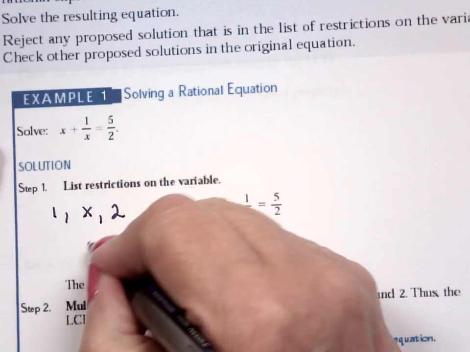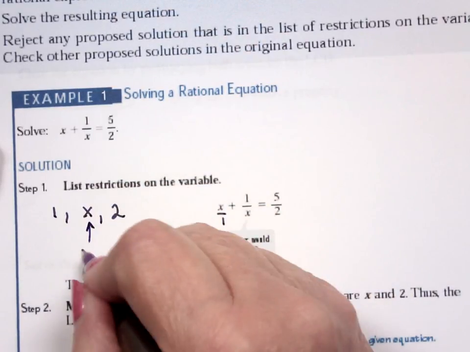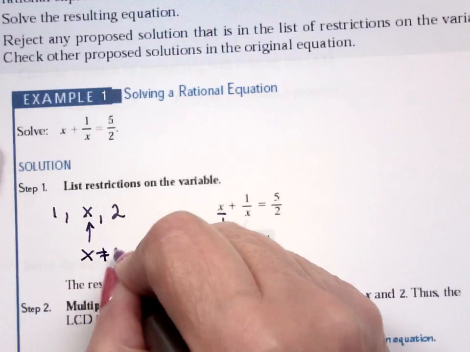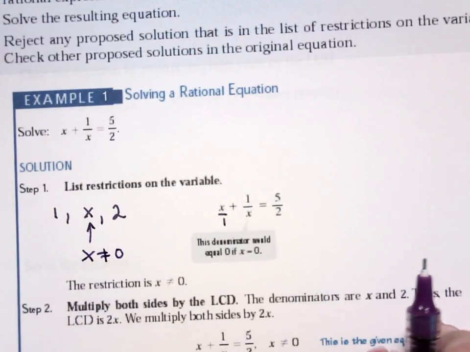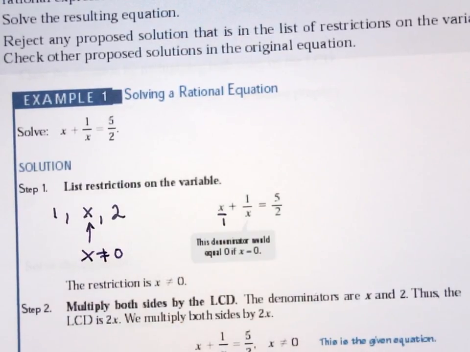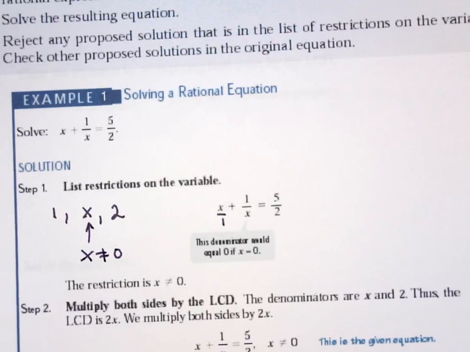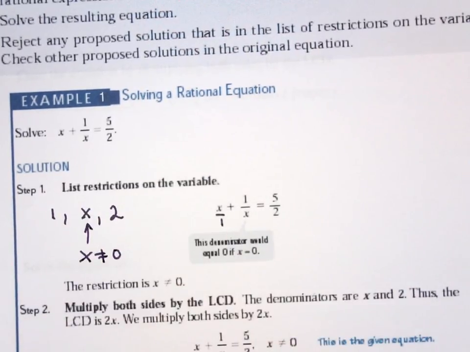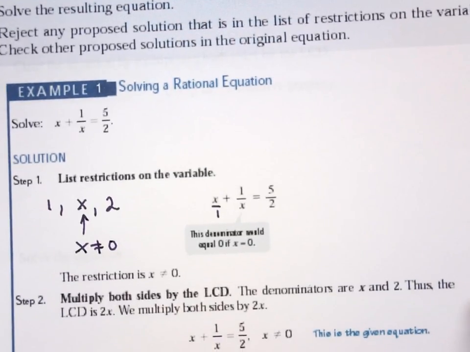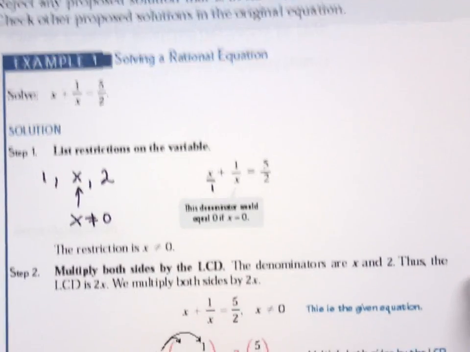No. My restriction comes from this denominator: x can't be 0. It can be anything other than 0. If that were an x minus 1, I'd solve that equation, but in this case, that denominator cannot be 0, so x can't be 0. That's the only restriction. If I get x equals 0, I need to toss it.